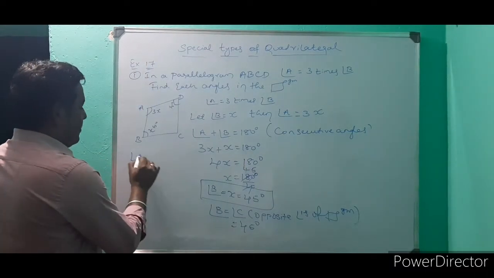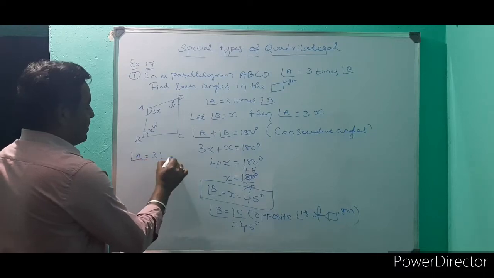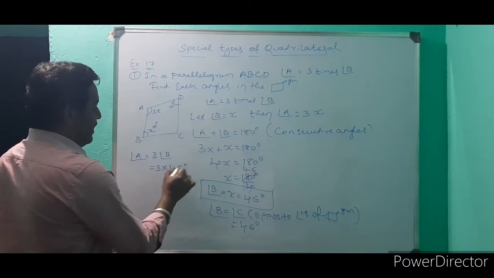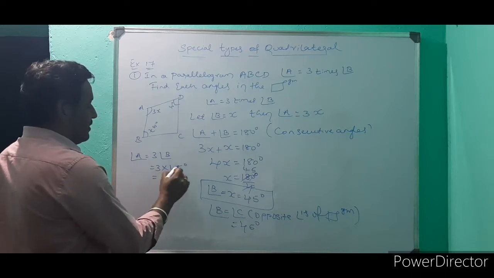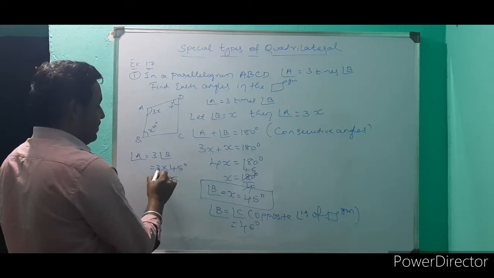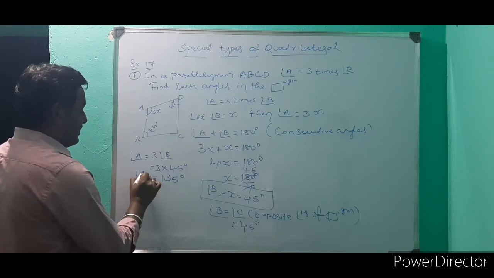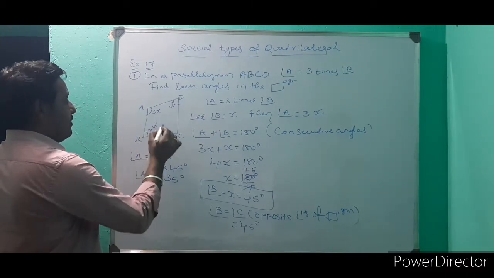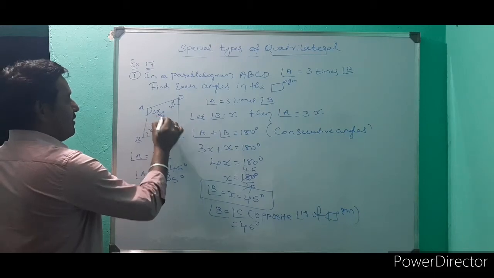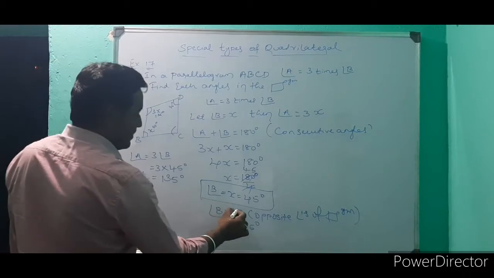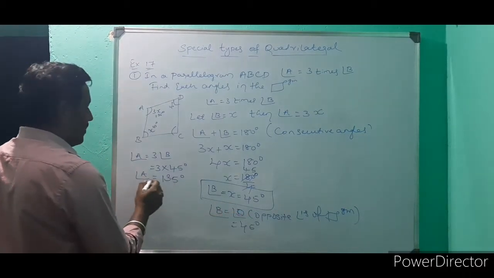Then angle A is equal to 3 times angle B, 3 into 45, which is 135 degrees.